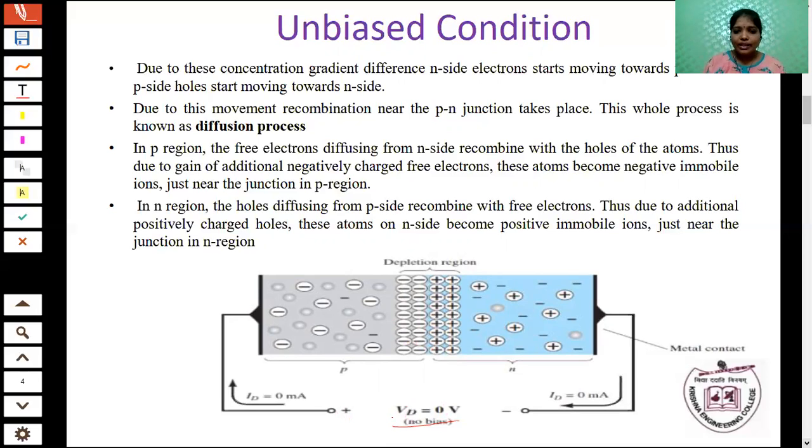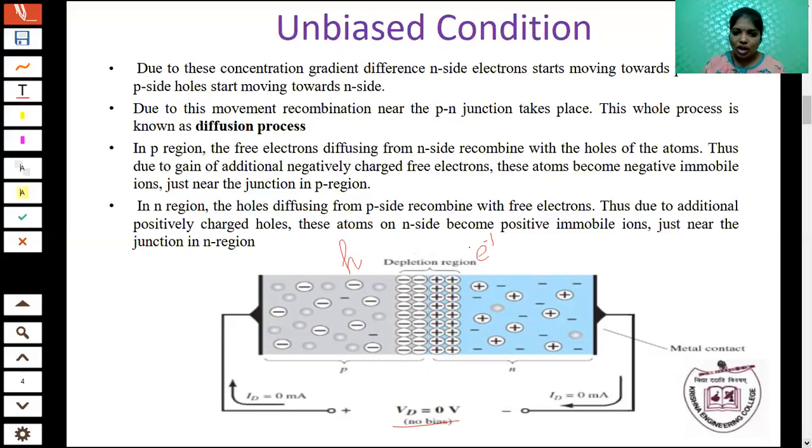During this unbiased condition in the PN junction diode, you know that on the P side the majority carrier is the hole, and on the N side the majority carrier is the electron. When you join the two materials, P-type material with N-type material, the opposite charges always attract each other, because the hole is a positive charge particle and the electron is a negative charge particle.